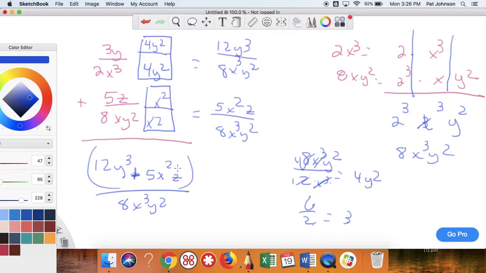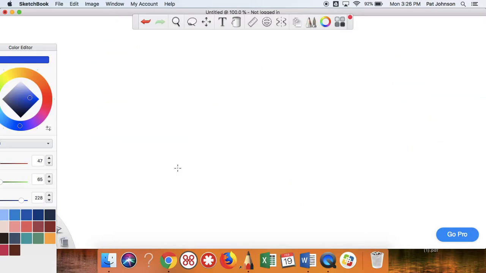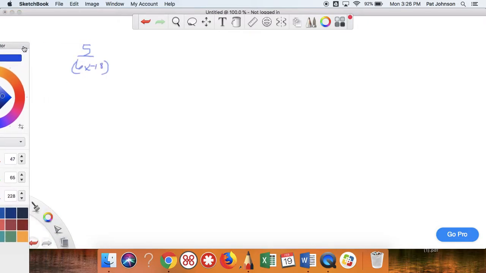Okay, let's look at polynomials as denominators, meaning more than one term. So I have 5 over 6x minus 18, in parentheses, which helps keep you organized, minus x minus 1 over 4x squared minus 14x plus 6.